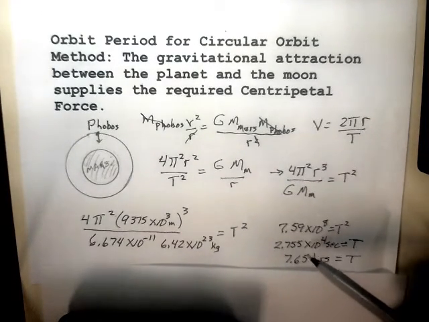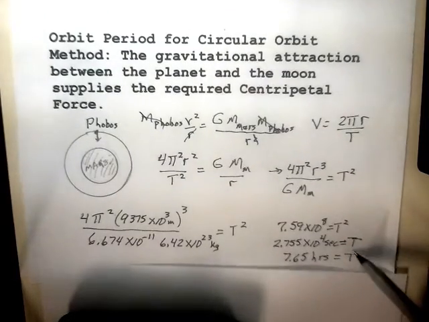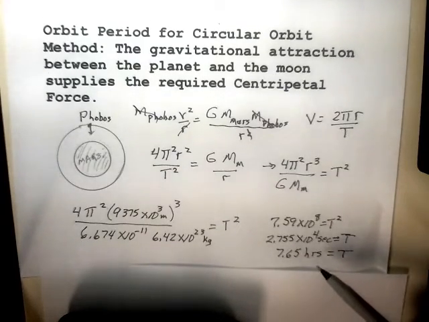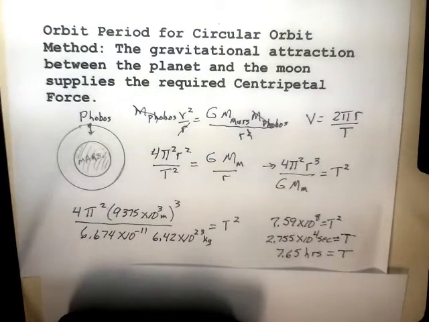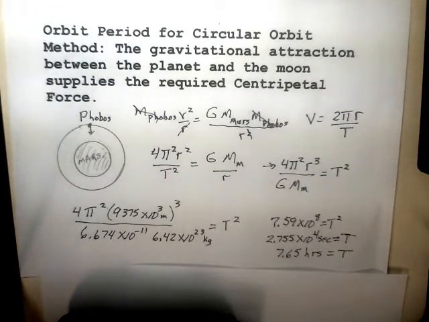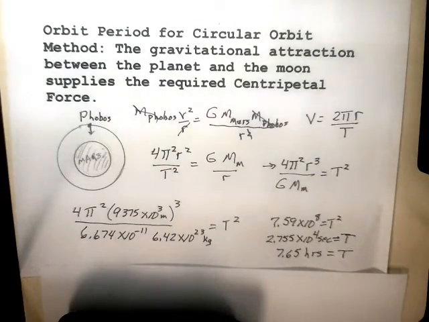Take a square root of both sides. 2.75 times 10 to the 4th seconds would be the orbit period. And now converting to hours, if you divide by 3600 seconds in 1 hour, I came up with 7.65 hours for the time for Phobos to complete one trip around the center of Mars, so the orbit period for Phobos.